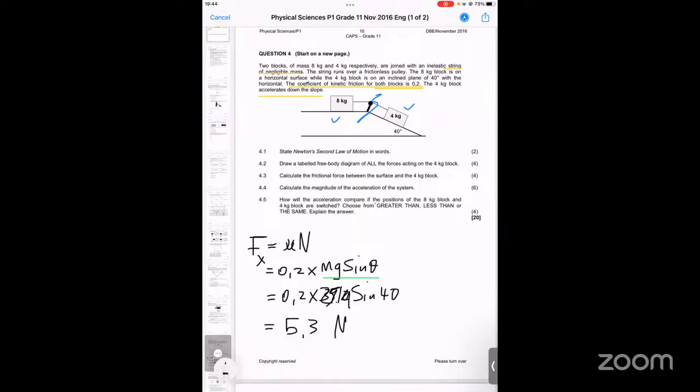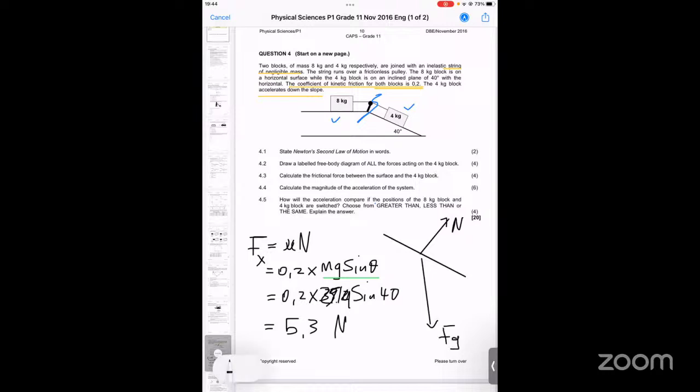So the reason why you use the one for cos is because it is the one that balances with the normal force. So you see there where we have our normal force, and then we said we had our FG in that direction.